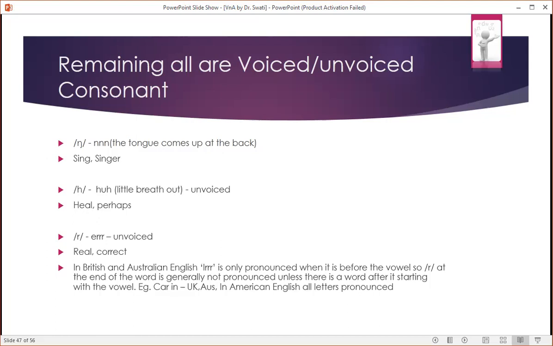But if it is followed by a vowel, like car in dust or car in rain, then in the UK, US, or Australia they will pronounce the R. This is just for your knowledge; I'm adding it here. This is a simple difference in different countries, and you should be aware.